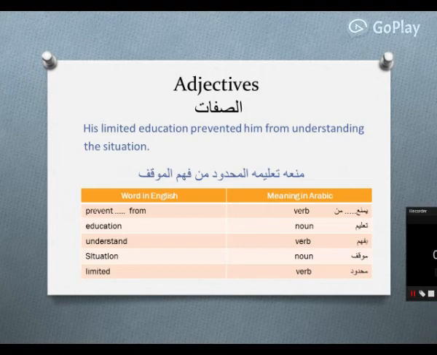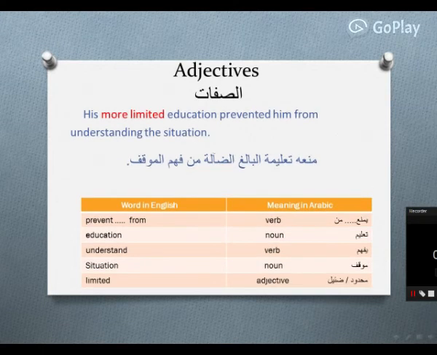Limited means محدود. المحدود. منعه تعليمه المحدود. من فهم. من from. Understanding, which is فهم. The situation الموقف. So this sentence so far is very simple, and we can handle it and translate it well.